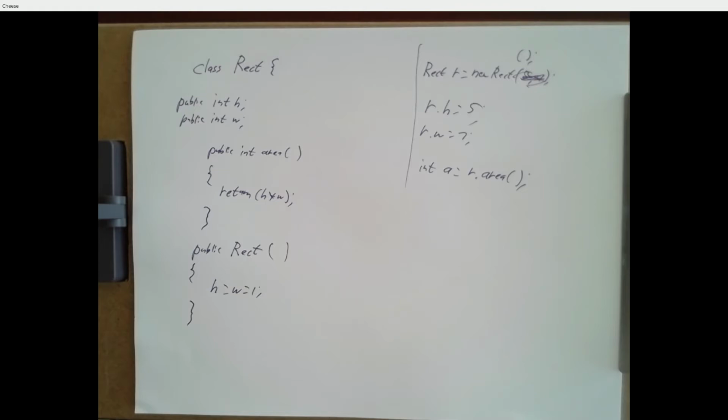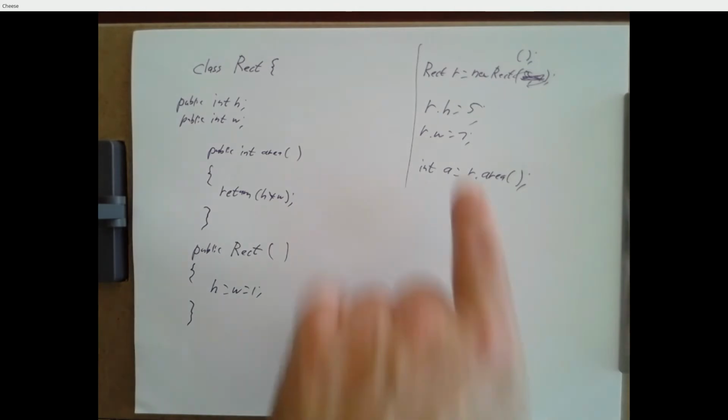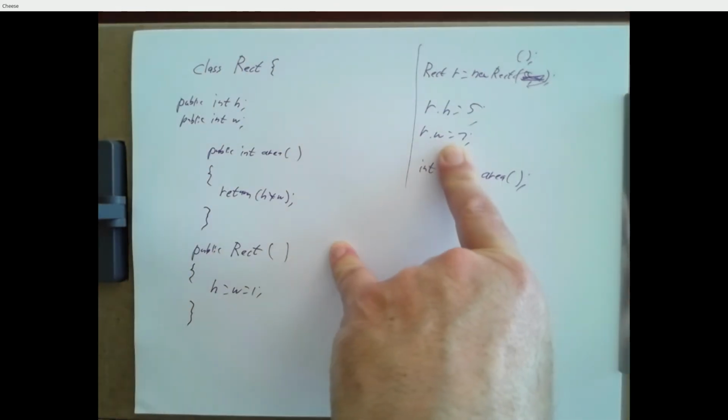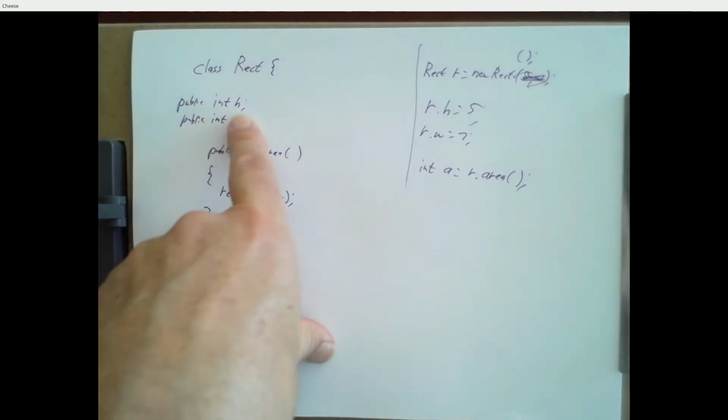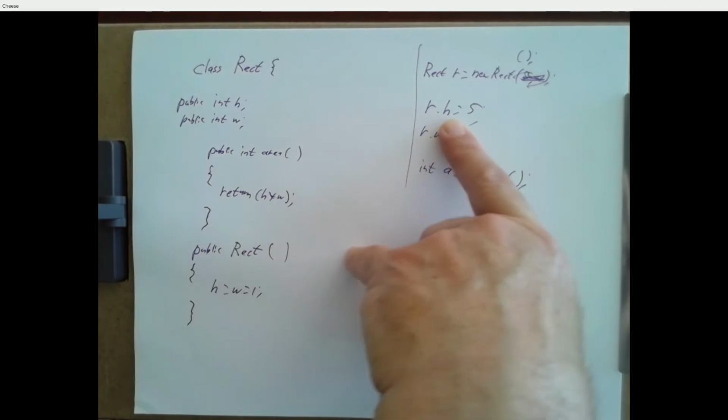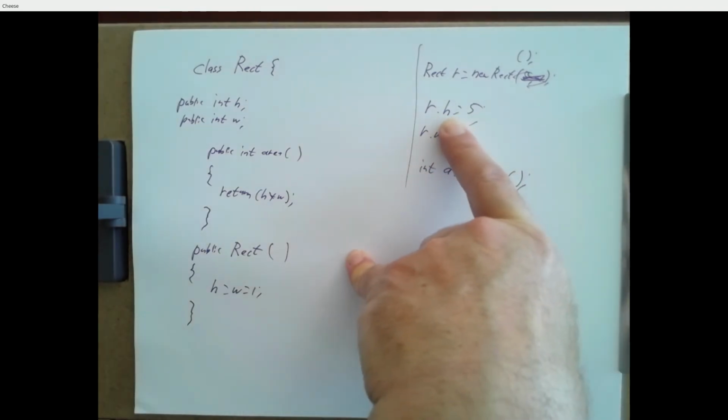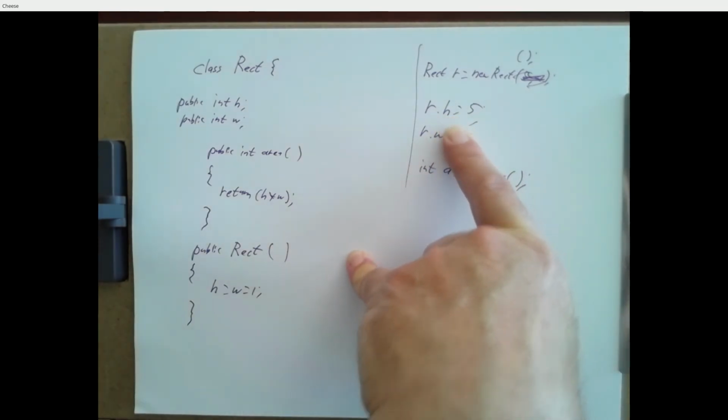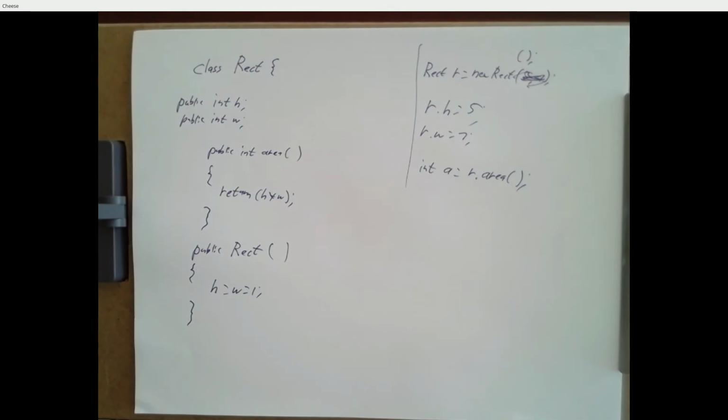So you can construct it, tell it what the height and the width is, and so on and so forth. This is also saying, you know, it's something with an H and a W. And that's more than what we think of as an abstract rectangle, right? And if I call this, you know, height in centimeters, you'd have to know that a rectangle was something with a height in centimeters field, right? So it's breaking this idea of here's your interface to the rectangle, here's all the stuff going on. So we use setters and getters.